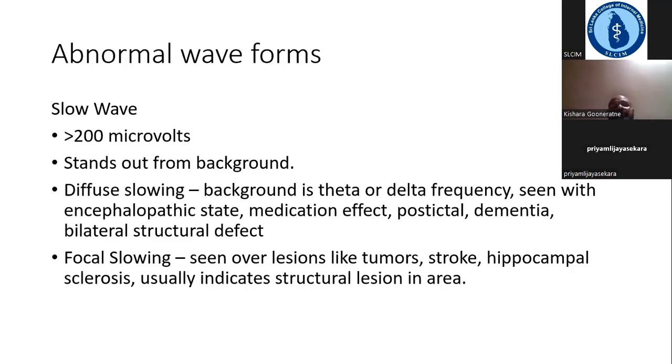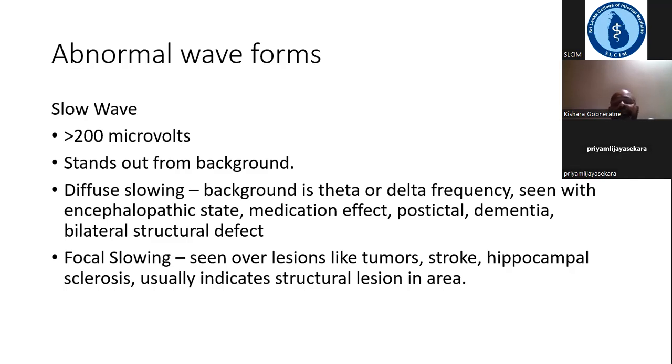So if you have a background of theta or delta, then most likely you are looking at a patient who has encephalopathy, and that encephalopathy can be of any cause, starting from an inflammatory central nervous system etiology to a metabolic cause, for example liver failure or renal failure, where they've gone into some sort of metabolic encephalopathy.